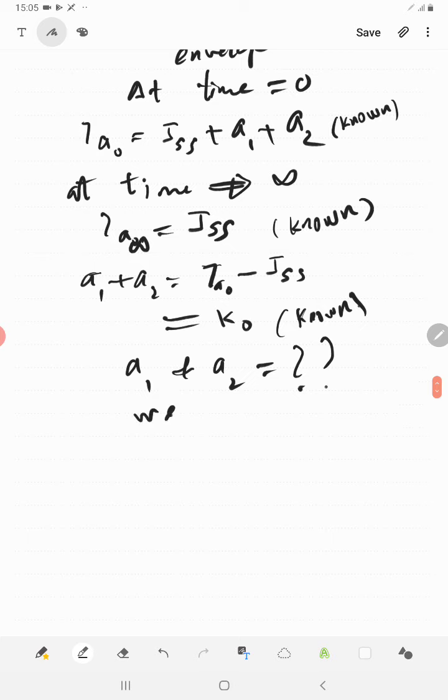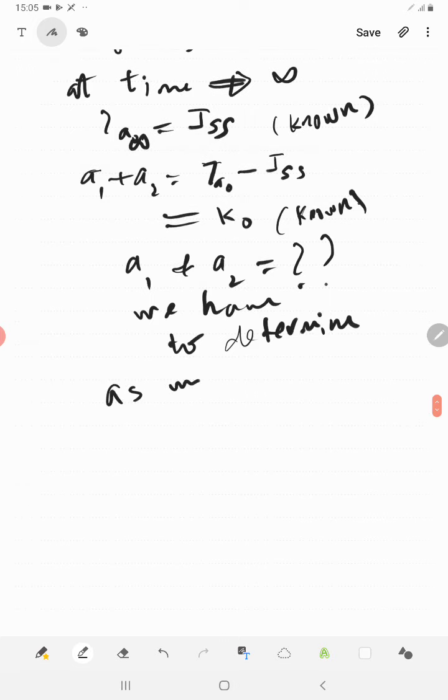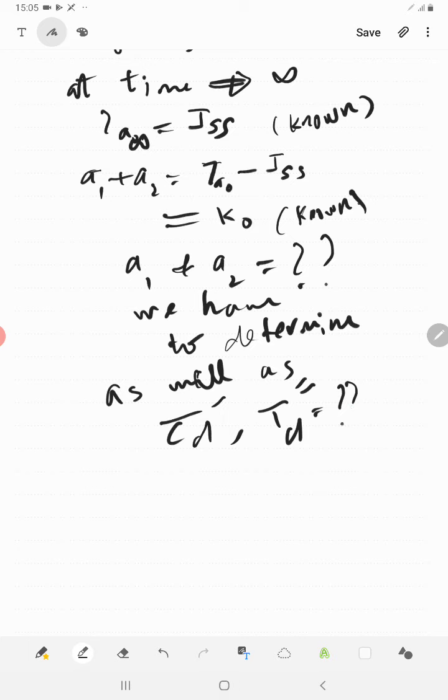We have to determine them, as well as the transient and subtransient time constants. Okay, we have to determine that.